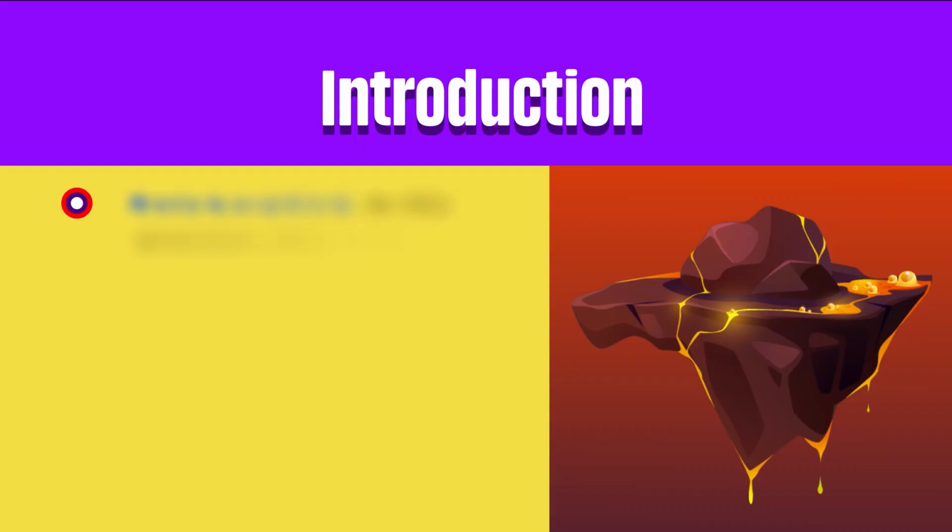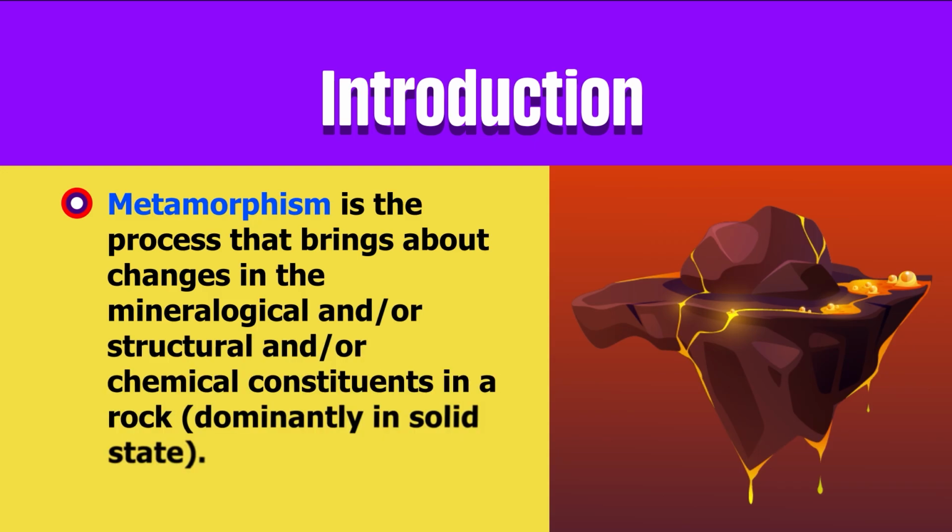I have already discussed metamorphism in another video lecture. Let us recapitulate. Metamorphism is the process that brings about changes in the mineralogical, structural and or chemical constituents in a rock, dominantly in solid state.